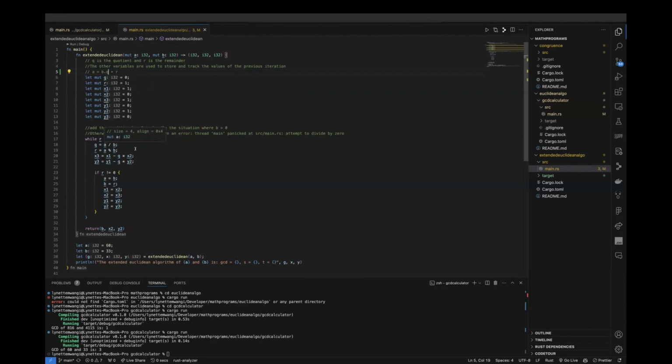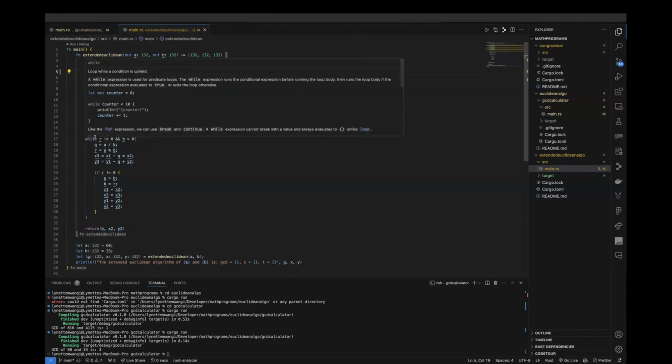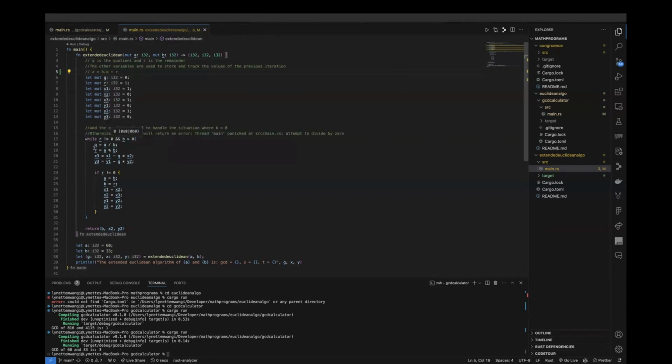Like in the first question, while our remainder is not equal to 0, we're going to store A divided by B in Q and the remainder in R. And then X3 is equal to 1 minus our quotient, which is A divided by B, multiplied by 2.